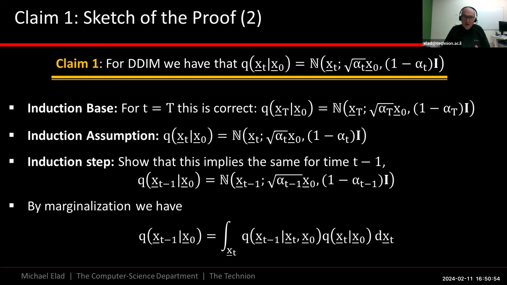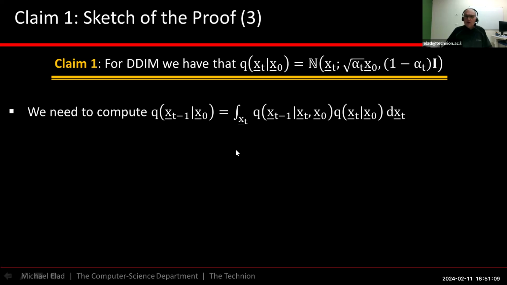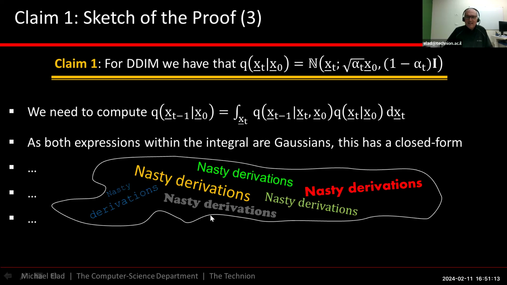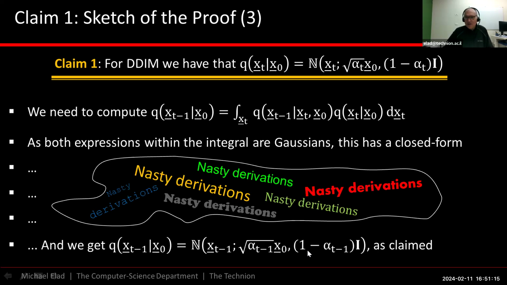This is the assumption. They insist that this is the connection between XT minus 1 to XT and X0. So a Gaussian and a Gaussian integral. So basically, we are convolving two Gaussians to create something that will be what? It will be a Gaussian. And so realizing that this is Gaussian, you do the integration, you do the nasty algebra, and you end up with this connection. And I'm not going to do it. And so this is the proof, or at least the sketch of the proof.